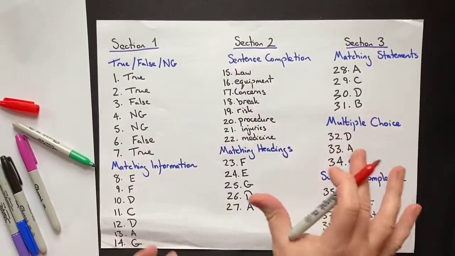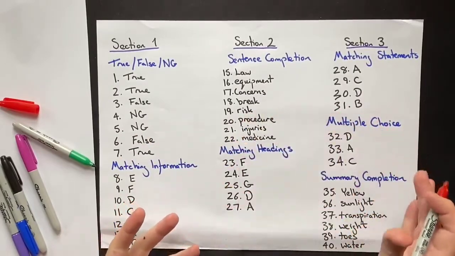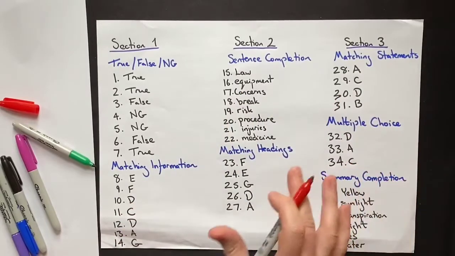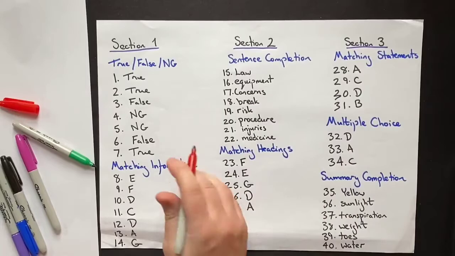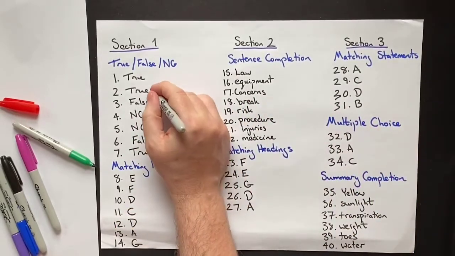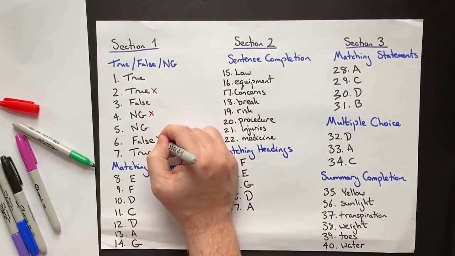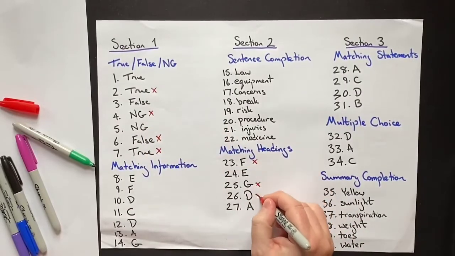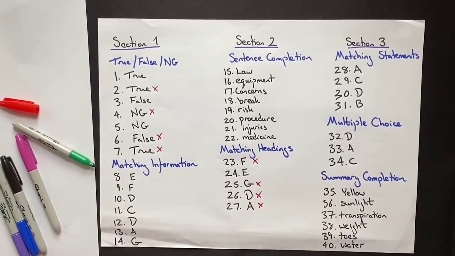So let's look at some common scenarios to show you how we can help you improve. Let's say we have our first student and we notice that they get all the questions correct except for these eight questions.